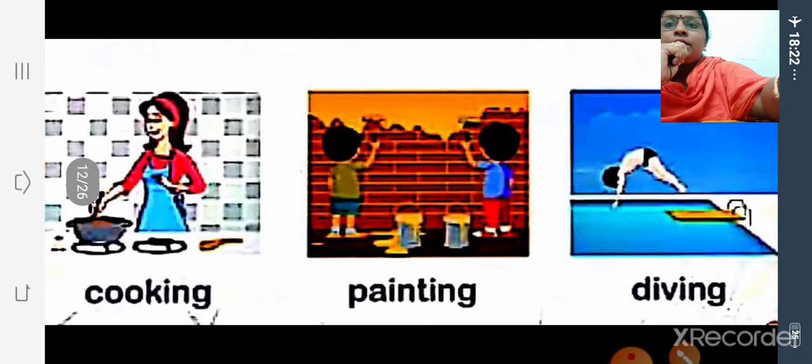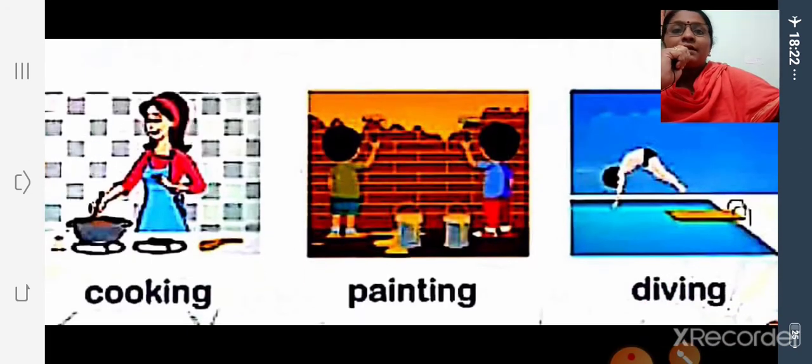In these sentences, that is cooking, painting, diving, he is diving, this indicates that the action is going on and it is not over.